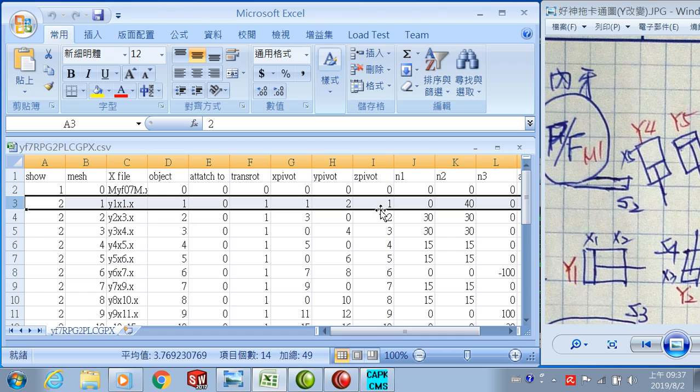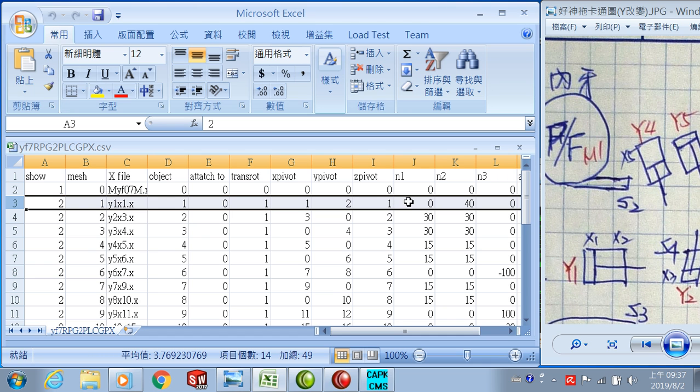The Z pivot means the Y1 here is 1. The Y1 on the air cylinder will move, pushing the object piece Y1 S1 a distance. Type 1 is moving linearly along a vector, moving a distance.